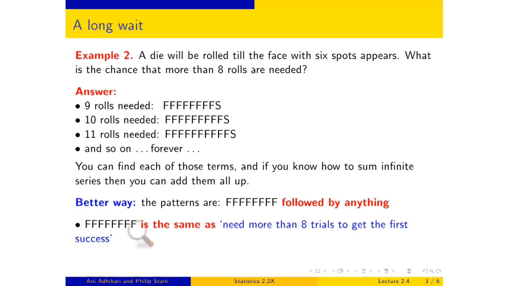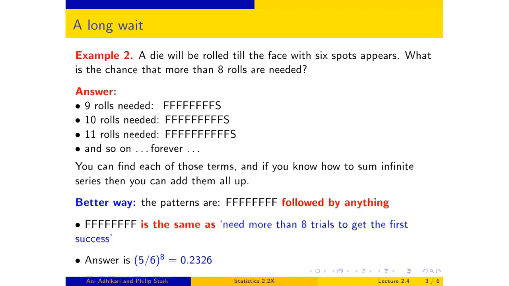And this is a lovely, easy little pattern whose chance is 5/6 to the power 8, and you're done. So the moral of the story is when you find yourself adding lots and lots of terms, or maybe you have to, but it's a good idea also to see if there are other ways of working.